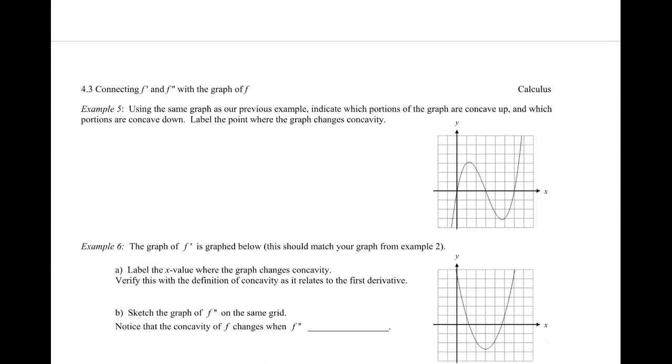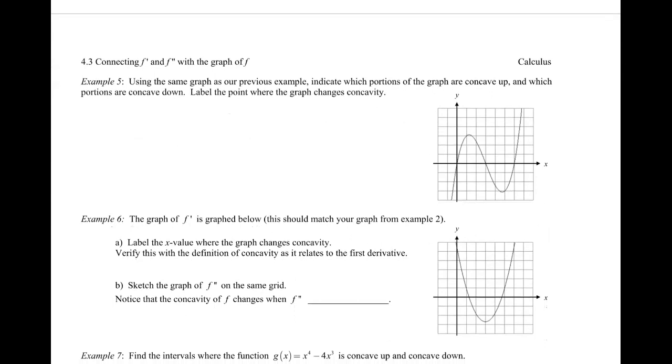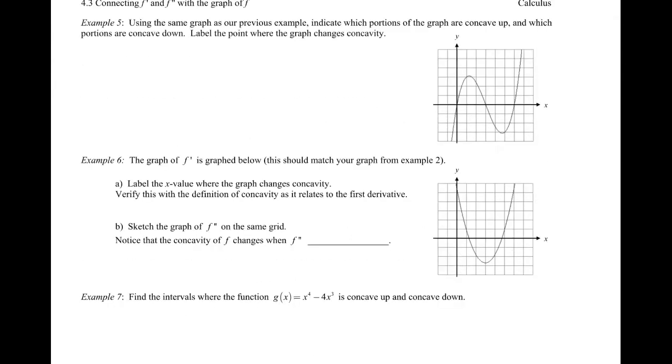Alright, so let's go on to example 5. Using the same graph from the first example, we need to indicate which portions of the graph are concave up and which portions are concave down, and we need to label the point at which the graph changes concavity. I see that this upper portion definitely looks like it's concave down the whole time.